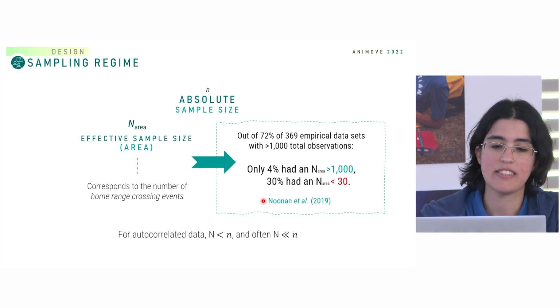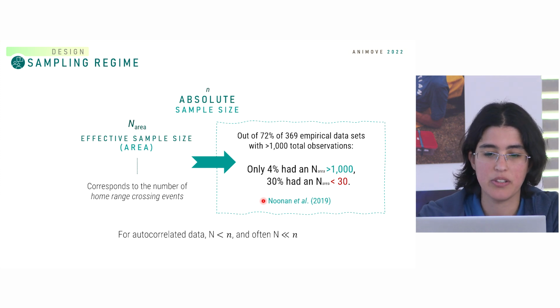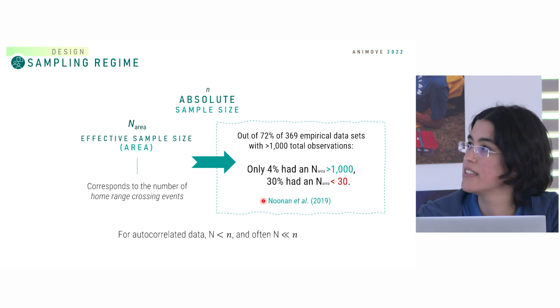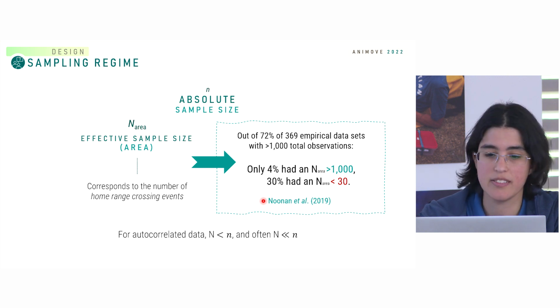So this is basically just a summary of an empirical data set that we have access to. This is the paper from Noonan et al. 2019 that goes into a lot of detail about the autocorrelation present in the data, and much information is there.